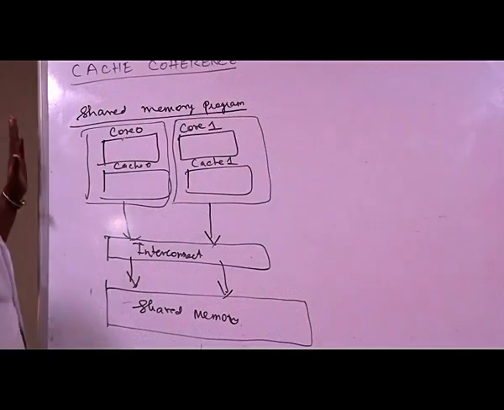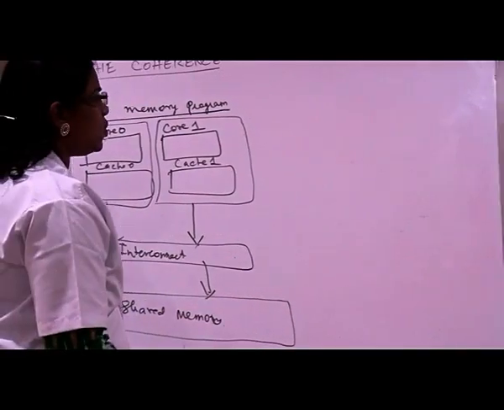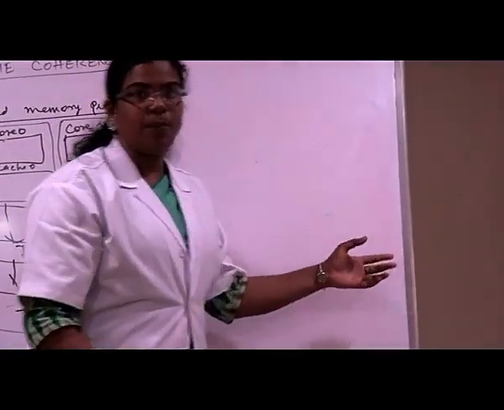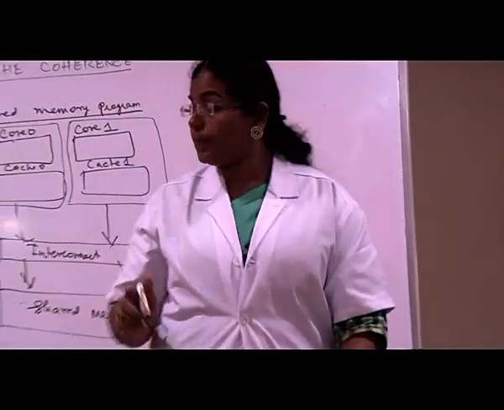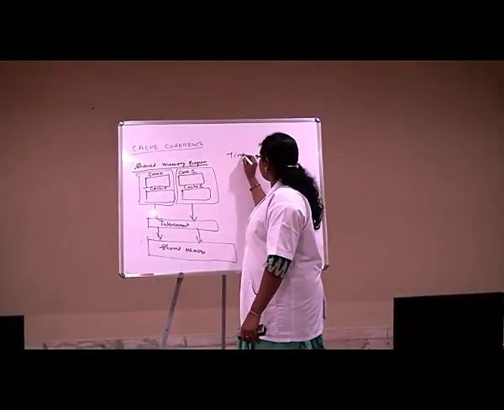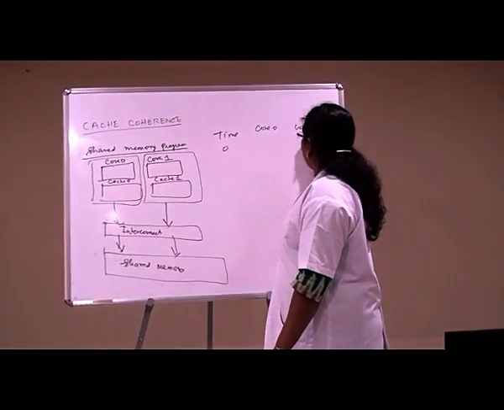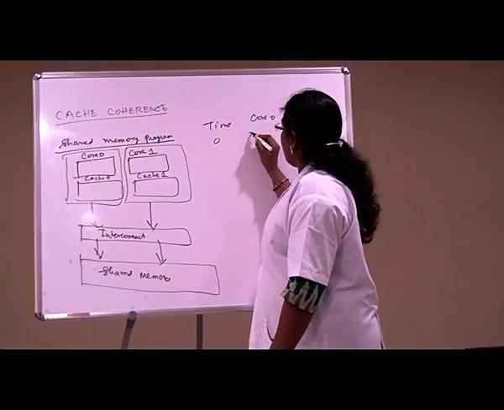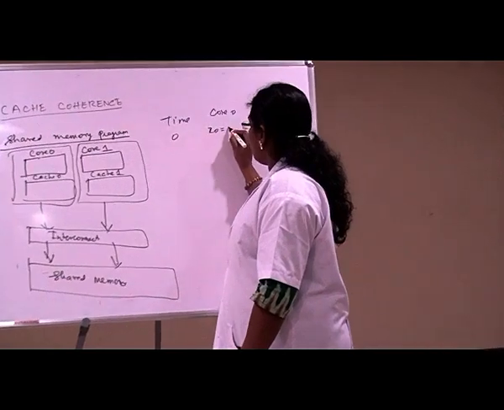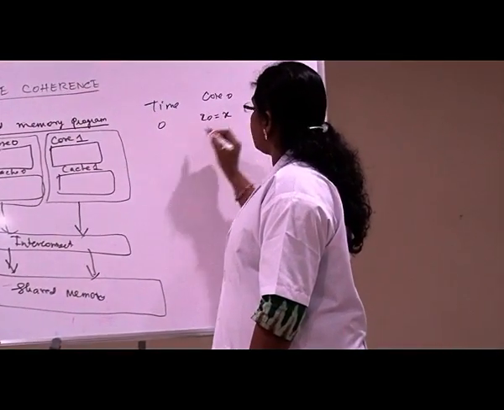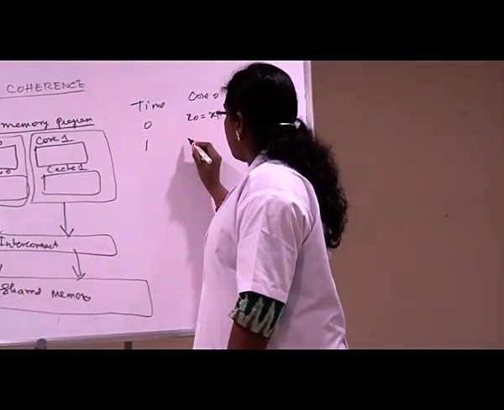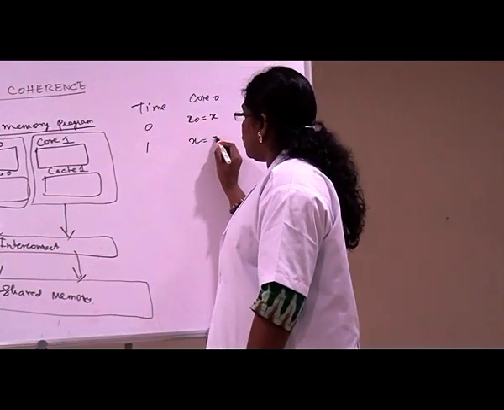This is my shared memory program. My program consists of two lines. In core 0, at time 0, it will be executing the statement x0 = x. At time 1, it will be executing the statement x = 7.